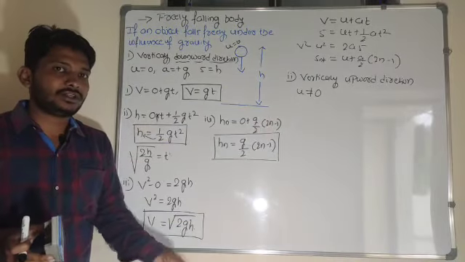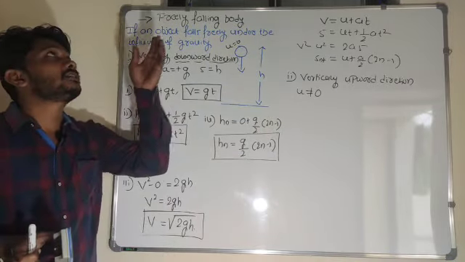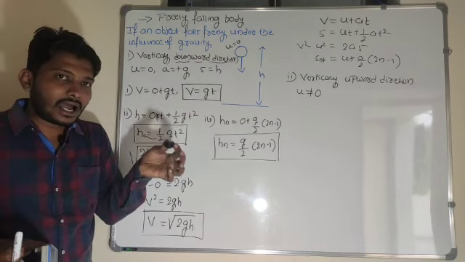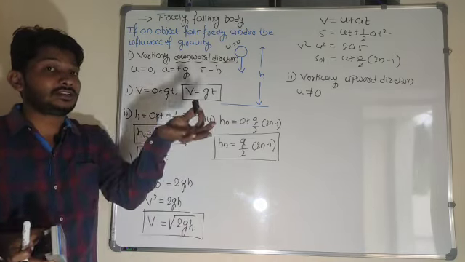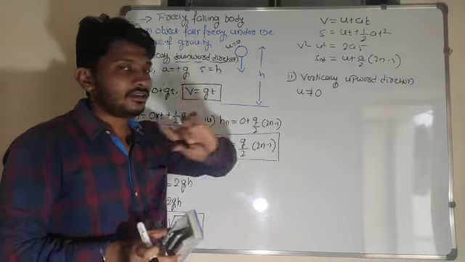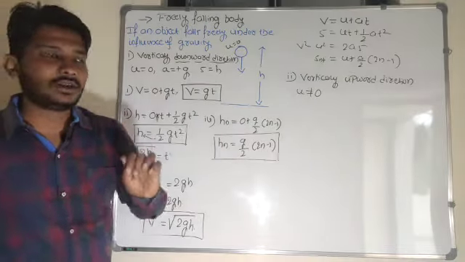So I will throw that object with a certain initial velocity. Means here initial velocity is not supposed to be 0.